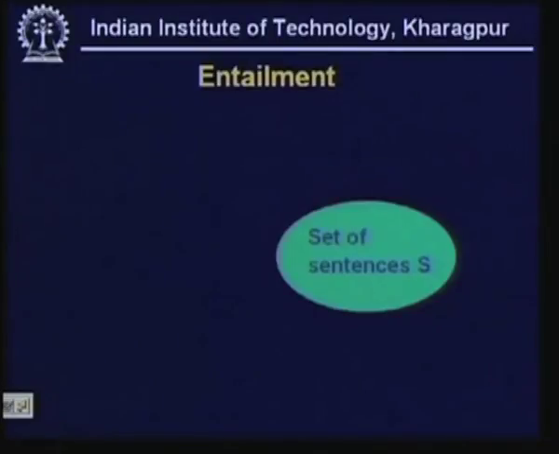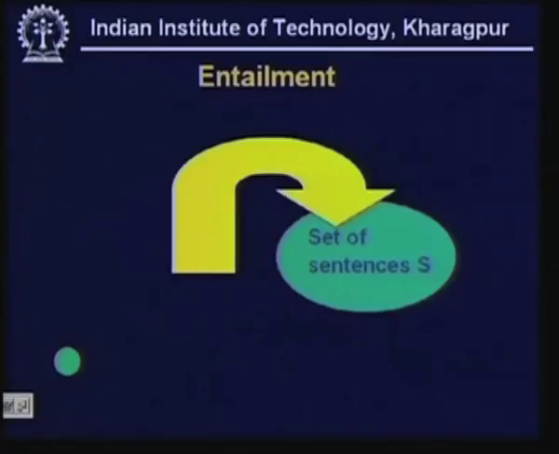Suppose there is a set of sentences S, and let's suppose there is another sentence, the small green bubble here. We are thinking of one particular interpretation I that has been given to this set of sentences, and this interpretation makes the set of sentences true. That means this interpretation I satisfies this set of sentences.